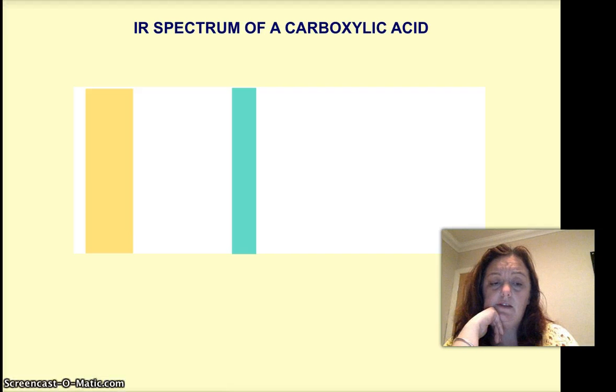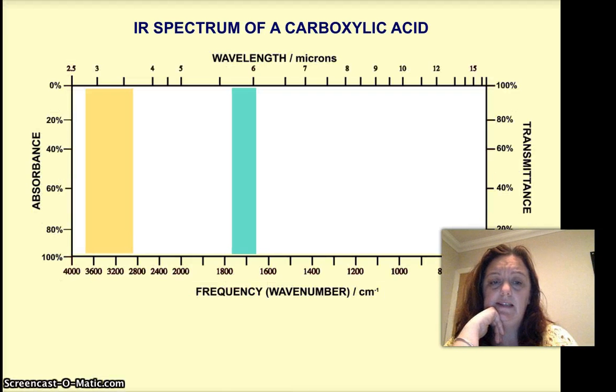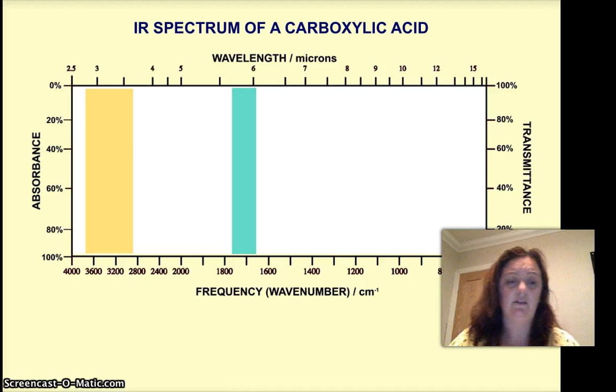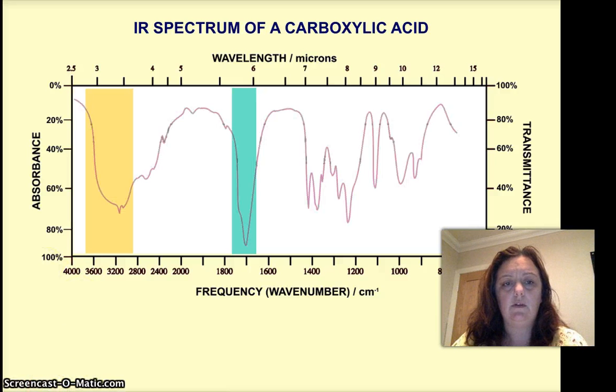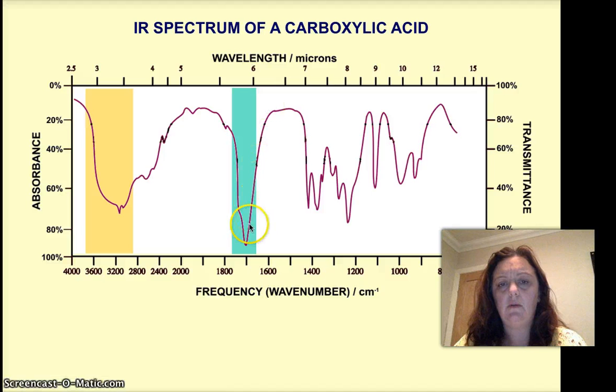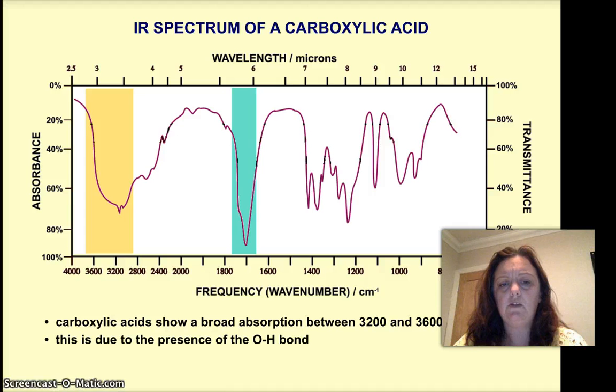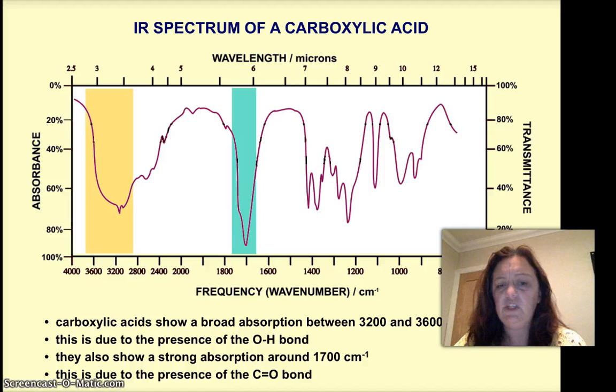The third type that you're going to have to analyse is a carboxylic acid. Now carboxylic acid, as you know, has got a C double bond O and it's got an OH, so it's got both peaks forming at the same time, but one quite distinct difference that you need to be aware of. You have got a much broader OH peak than before, but you've still got the nice sharp C double bond O. It's much broader because you've got hydrogen bonding, which interferes.